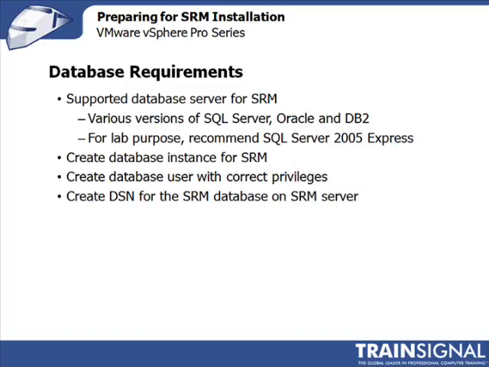In this case, the SRM server will live on the same server as the vCenter server, so we'll have to be a little bit careful. Actually, the databases won't commingle, but they'll be on the same server. With that, let's dive into the demo of the database setup for SRM.